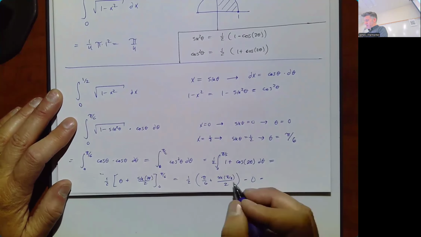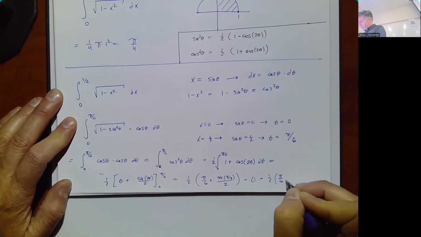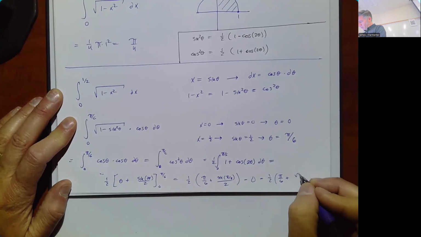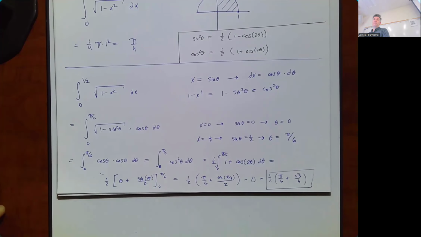Sine of pi over 3 is root 3 over 2. So we get 1/2 times pi over 6 plus root 3 over 2 divided by 2, which is root 3 over 4. And I would stop there. Kind of super funky. Trig substitutions usually are.